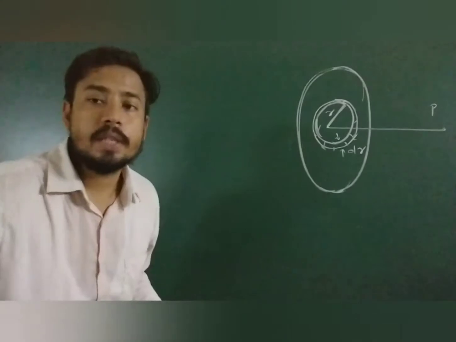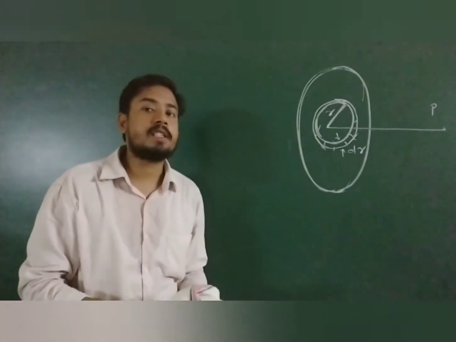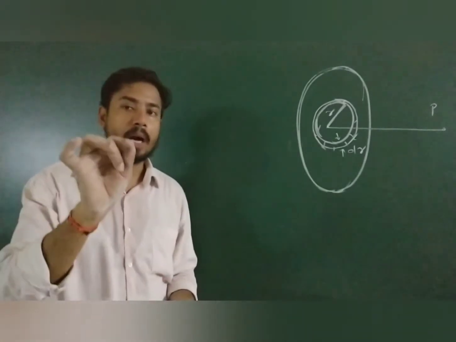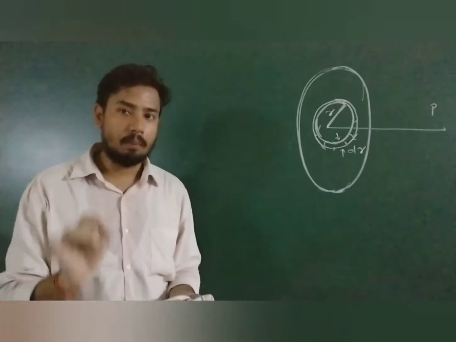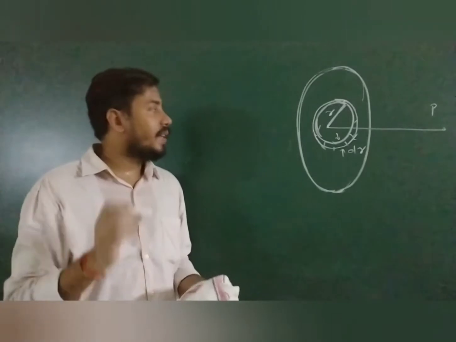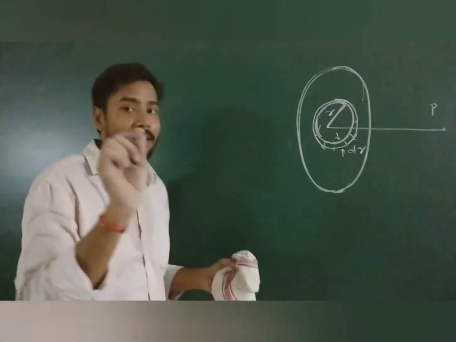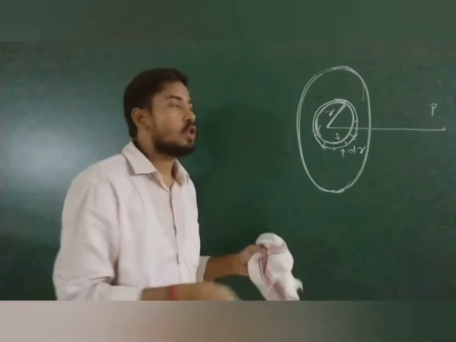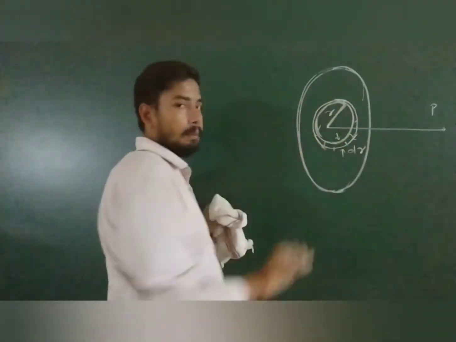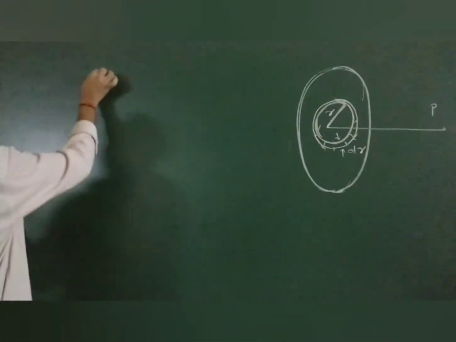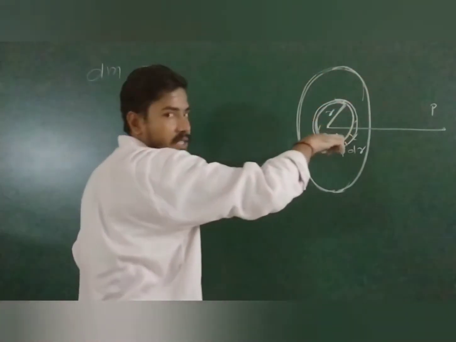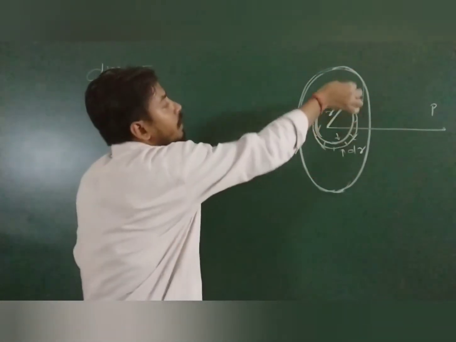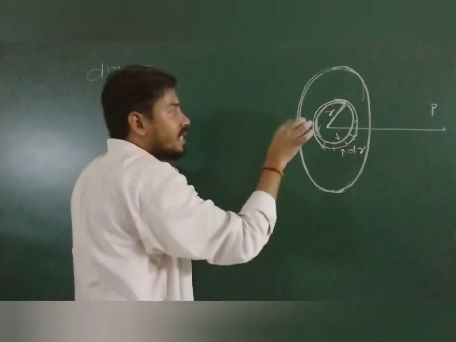Now what is the formula of gravitational potential due to a ring? We know that it is minus GM by under root r square plus x square. So first of all we need mass of this ring. How will we calculate the mass of this ring? dm, because this becomes a small element of this disk.